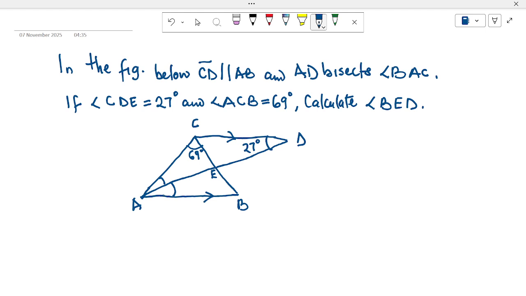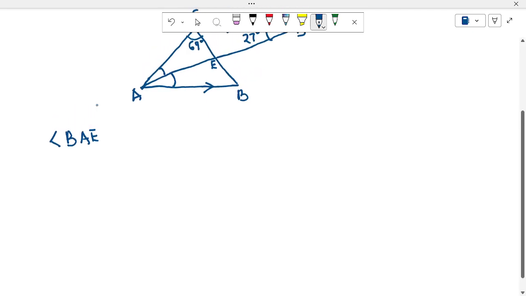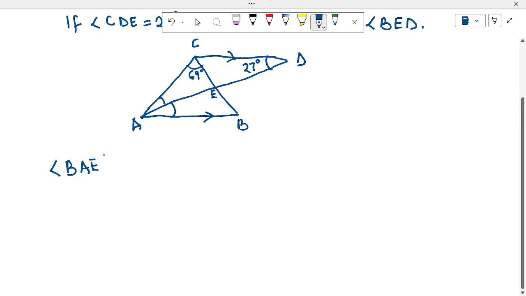Let's begin with the simple solution. We know that angle BAE, let's go back to the angle. Let me bring it down so we can see it better.